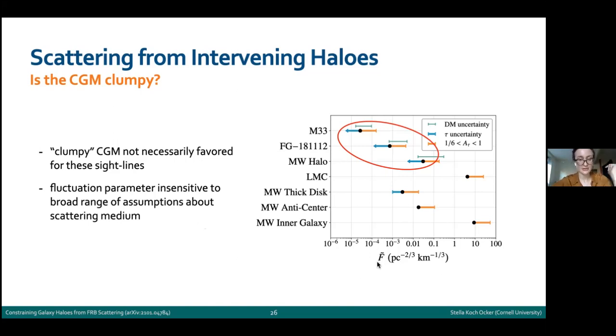Instead, you just calculate the fluctuation parameter directly from your scattering measurement. So you can let this fluctuation parameter kind of diagnose the properties of the halo for you. And in particular, you can see it as a useful metric for comparing the internal properties of different galaxies and of different regions of our own galaxy.